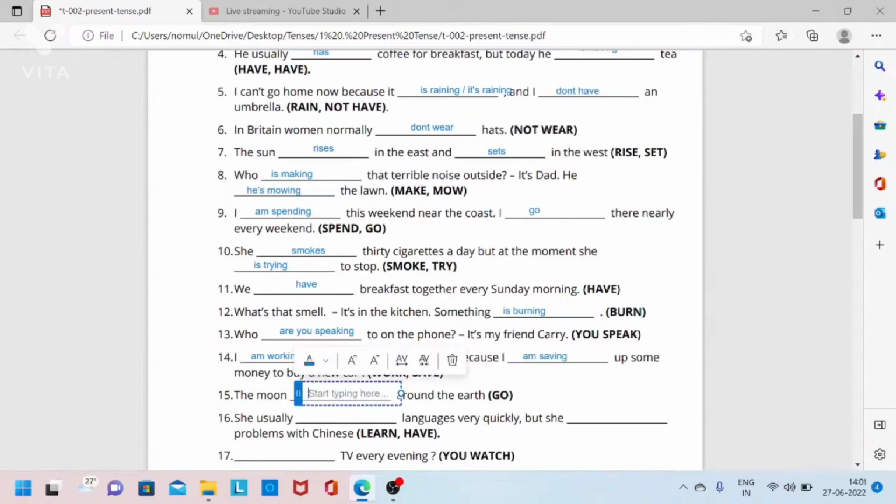This is it. The moon goes around the sun. Go, goes. The moon goes around the sun.